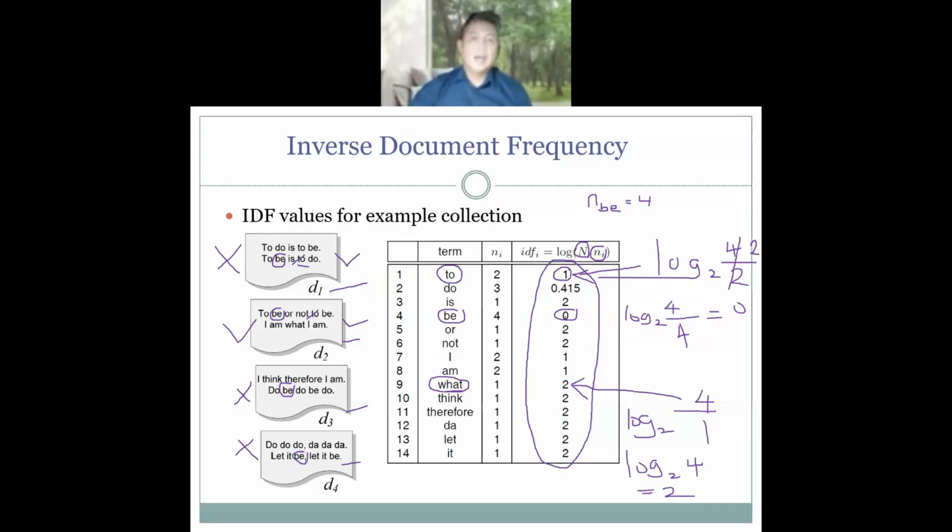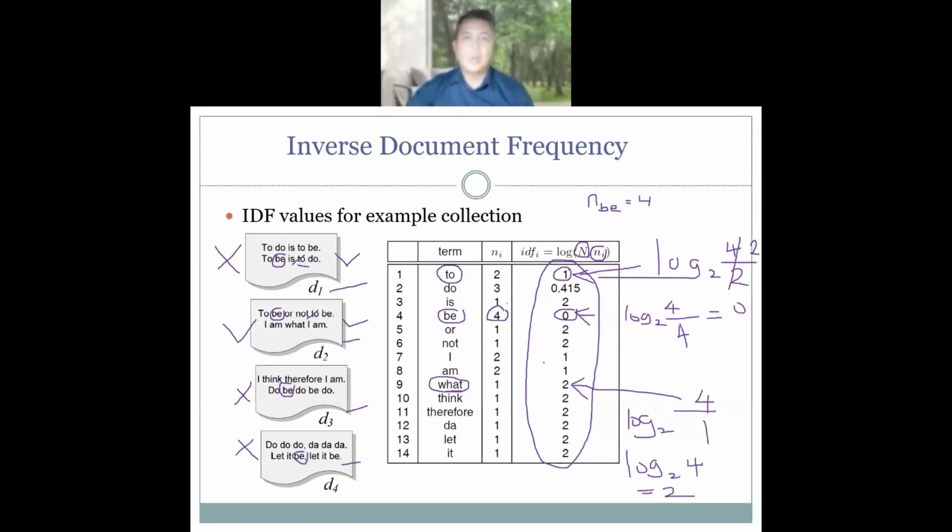Now once we have computed the inverse document frequency, we know that if the number of documents that contain the keyword is equal to the number of documents in the whole collection, the weight will become 0.